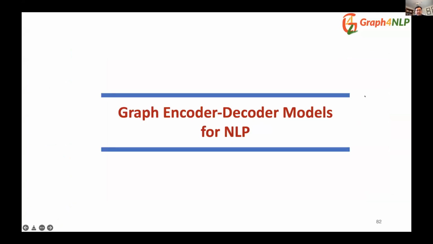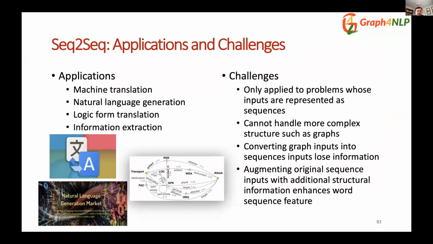Okay, so in this part, we'll continue to talk about a popular line of research called graph-based encoder-decoder models for NLP. Before I start that, I would like to start from the sequence model that people typically have been using.